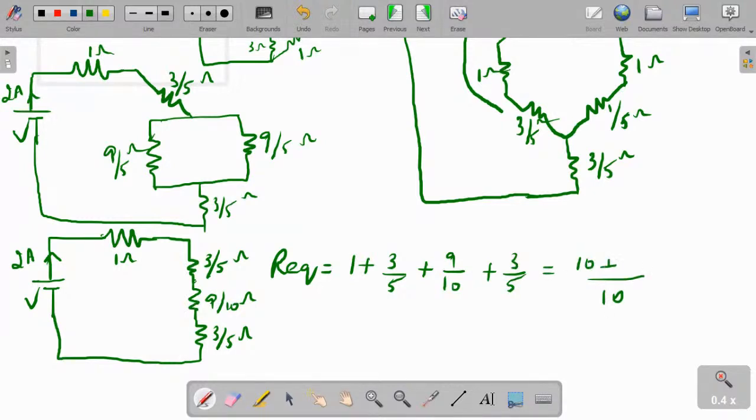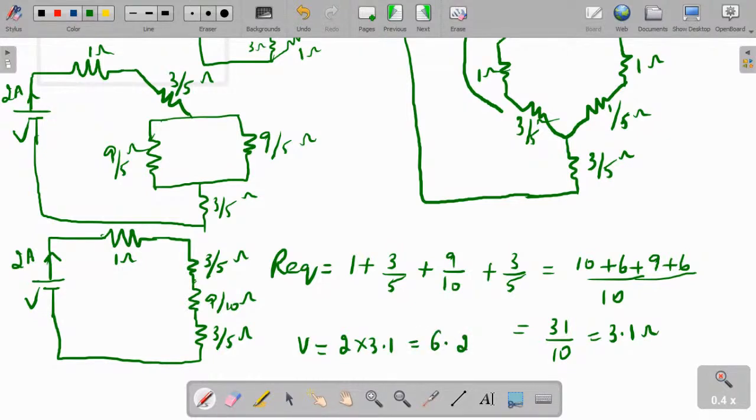So 10 plus 6 plus 9 plus 6, what is the answer? 31 by 10, or you can write 3.1 ohm. So now what is V? V is equal to I into R. 2 ampere into 3.1, which is equal to 6.2 volt. Okay, this should be your answer.